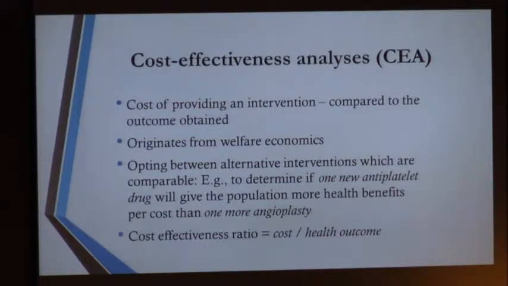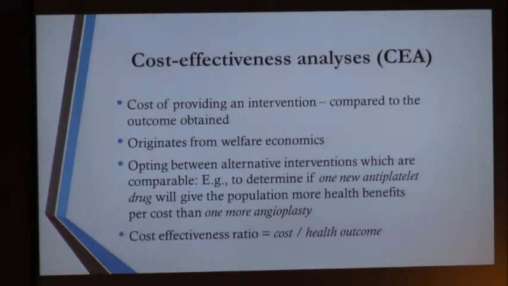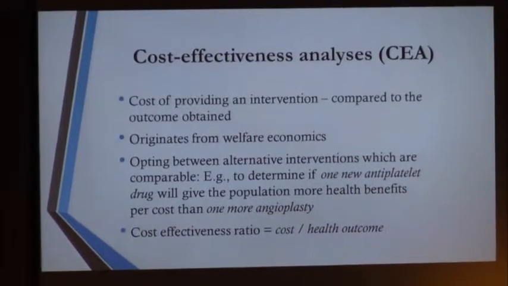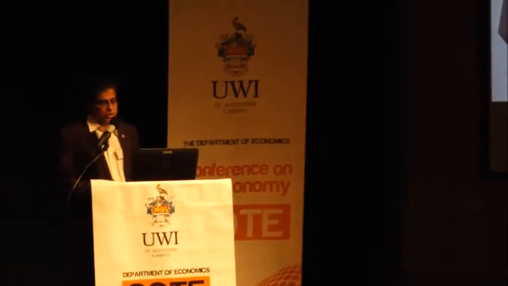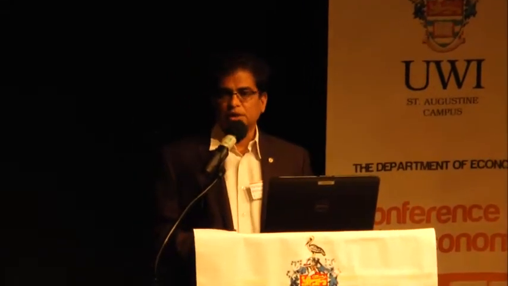So what we have to do at the end of the cost effectiveness analysis is to have a cost effectiveness ratio, where the numerator is the cost and the denominator is health outcome. The objectives of my study were to conduct a cost effectiveness analysis. We estimated the cost of different levels of healthcare, and we estimated the outcomes applying disability adjusted life years.